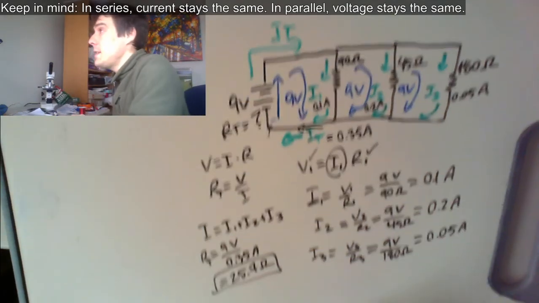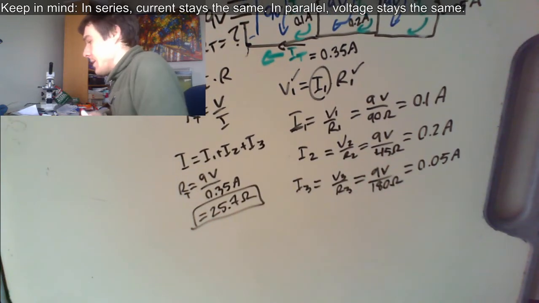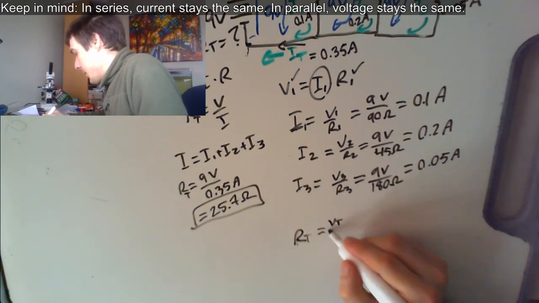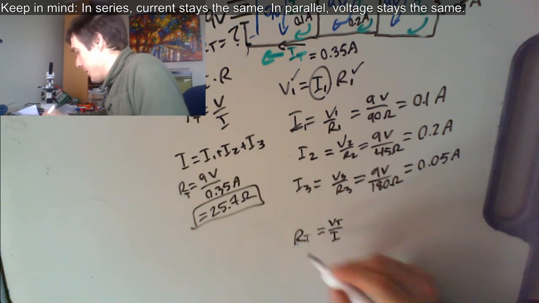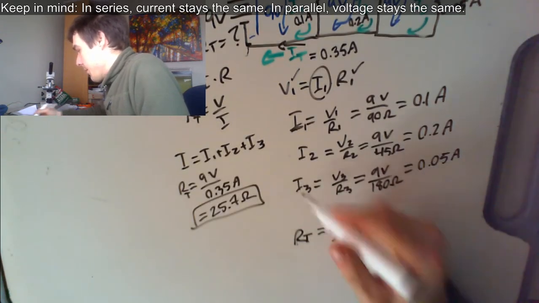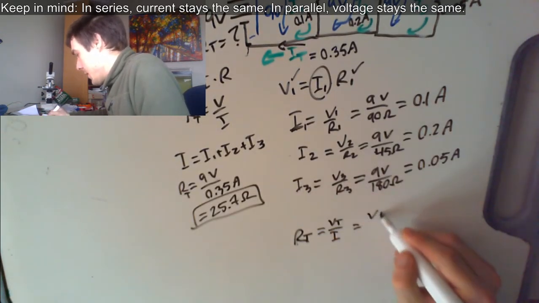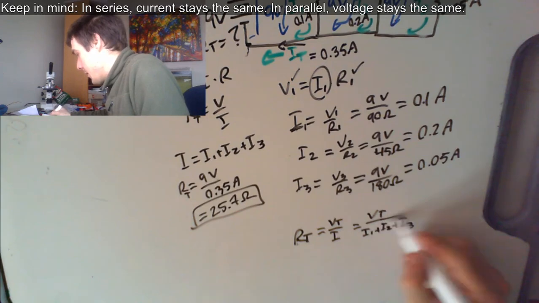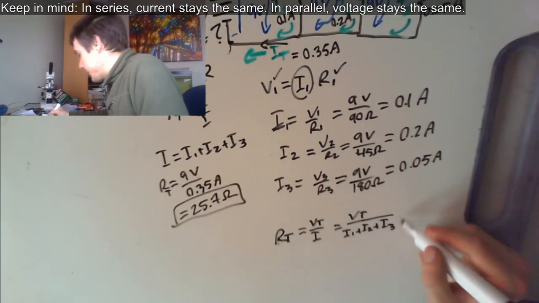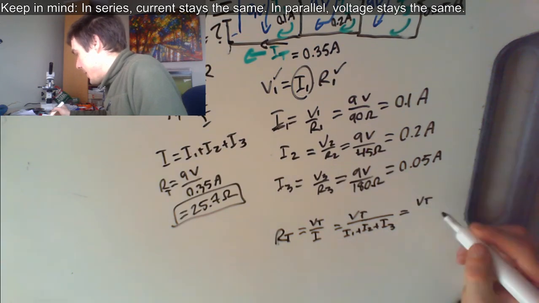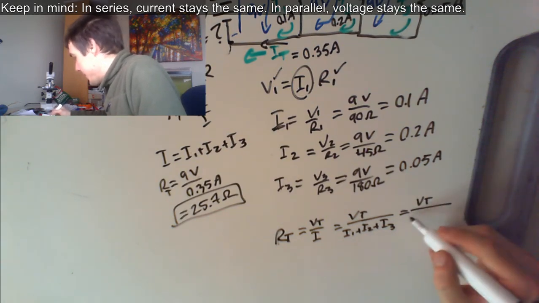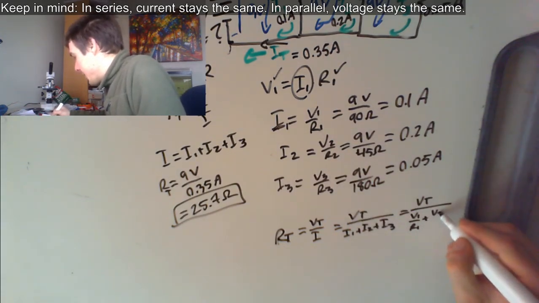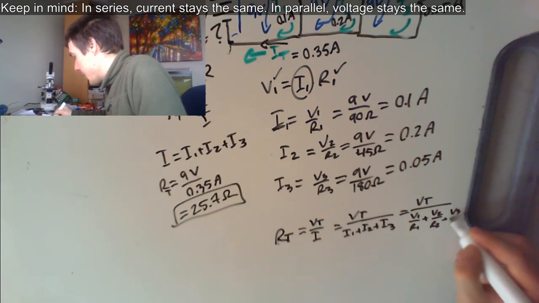This leads us to the total resistance formula. RT is the voltage over the current. But if we look at the current here, which is total voltage over I1 plus I2 plus I3, that becomes VT divided by V1 over R1 plus V2 over R2 plus V3 over R3.